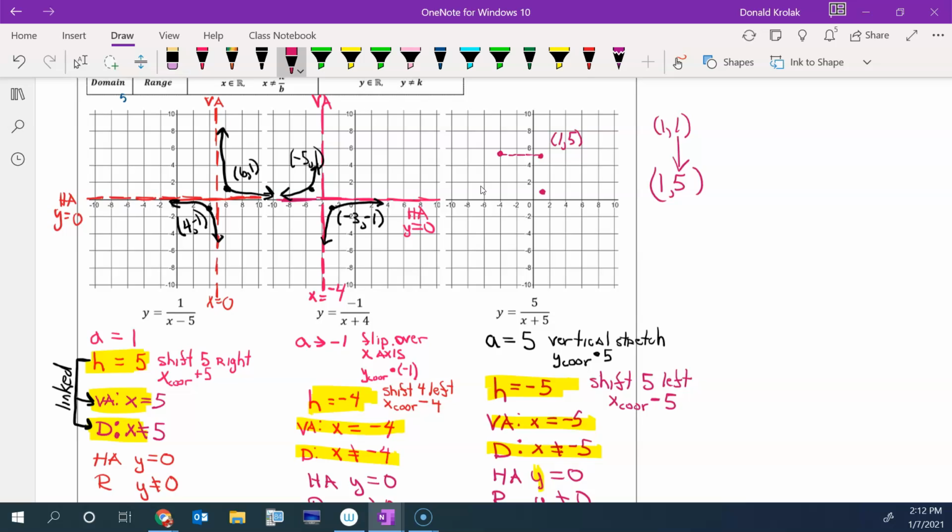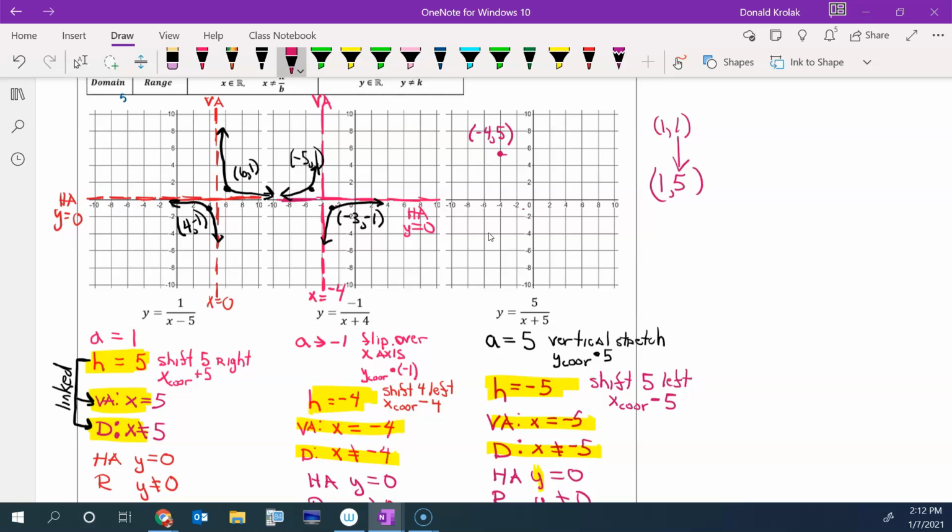It's going to land right there. That's my new point. It's going to be at -4, +5. So I'm just doing it by counting and stretching.